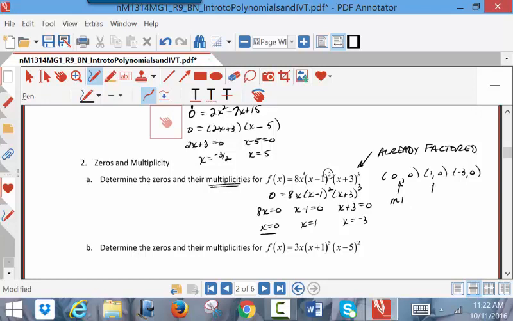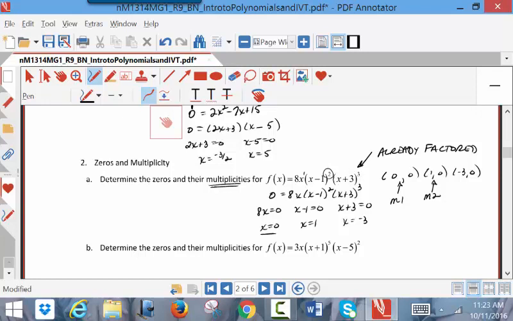The point 1, 0 came from the x minus 1 squared term, came from this binomial, and so it is of multiplicity 2.